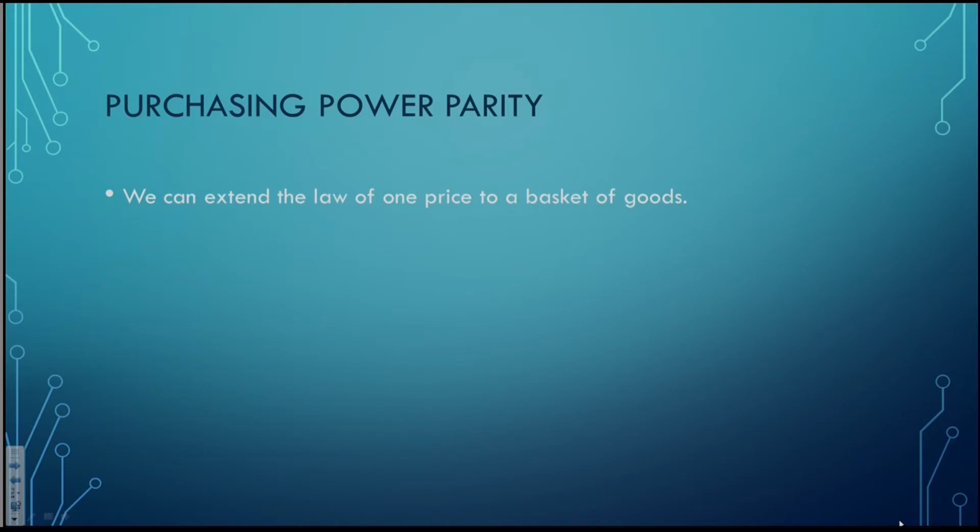Now let's move on to this idea of purchasing power parity. We can extend the law of one price to a basket of goods. So before we were talking about just wheat, but what if we're talking about a basket of goods, a bundle of different goods? The Consumer Price Index is an example of such a basket.